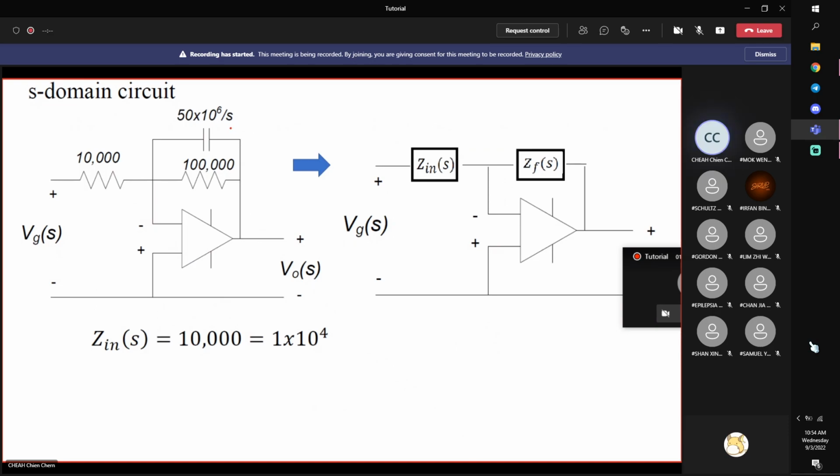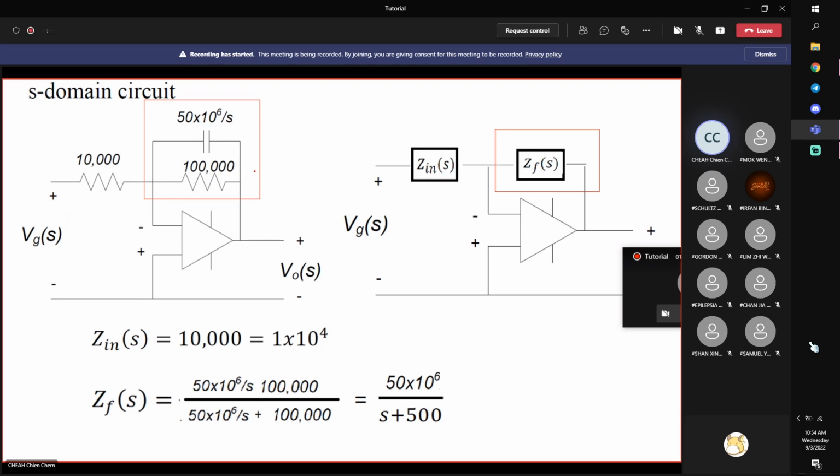Over here, I'll use a more general notation, okay, but actually it just means that my Zin is 10K, which is 1 times 10 to the power of 4, okay, and my ZF is actually these two in a parallel combination. Okay, this is something like your Z1, Z2, right?